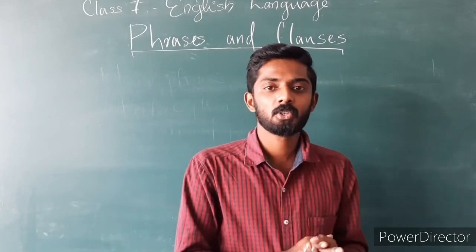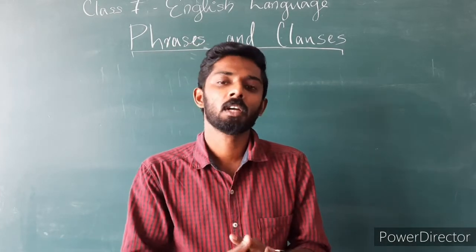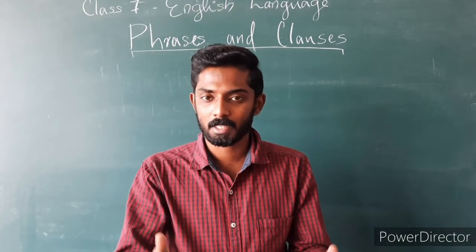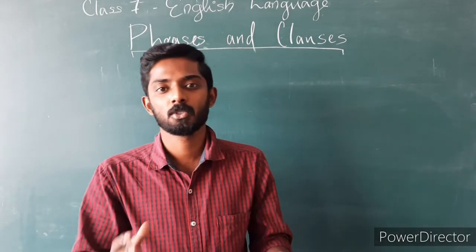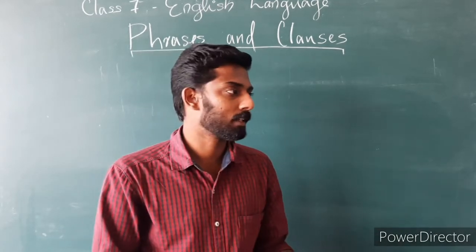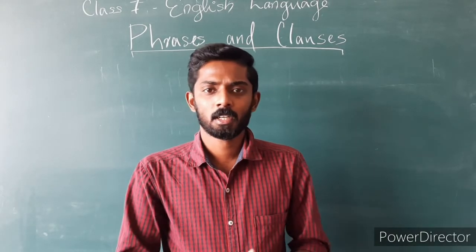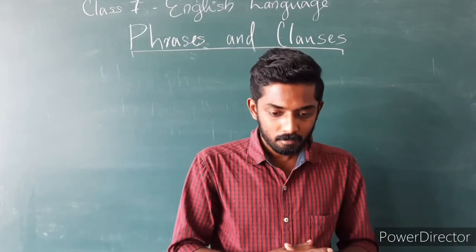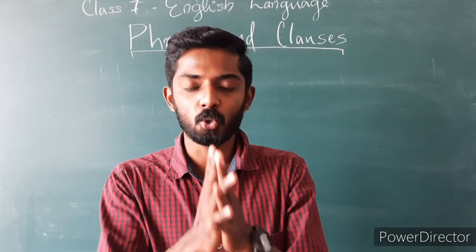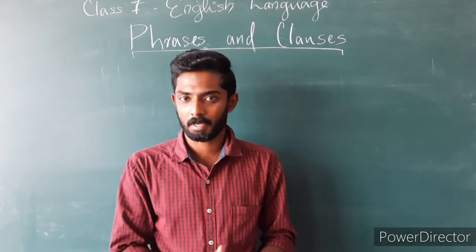But a dependent clause will not give a complete sense. It needs the support of an independent clause in order to stay. In the last class, when we spoke about complex and compound sentences, we learned about the clause. As I said, there are two clauses, independent clause and dependent clause.